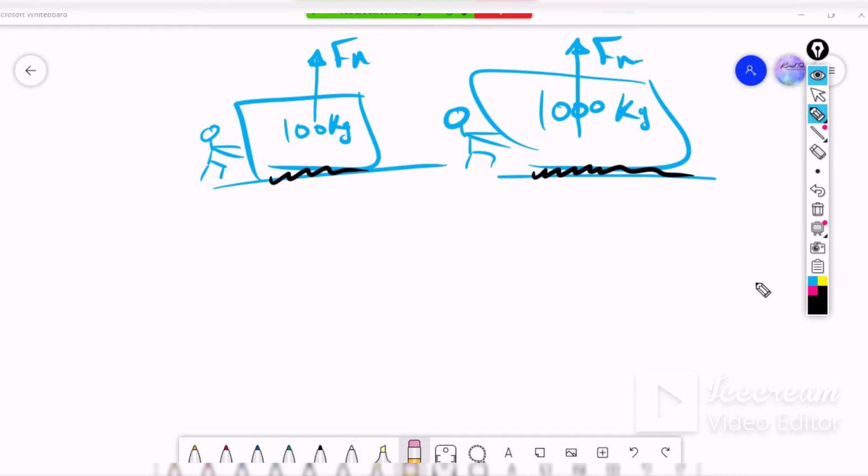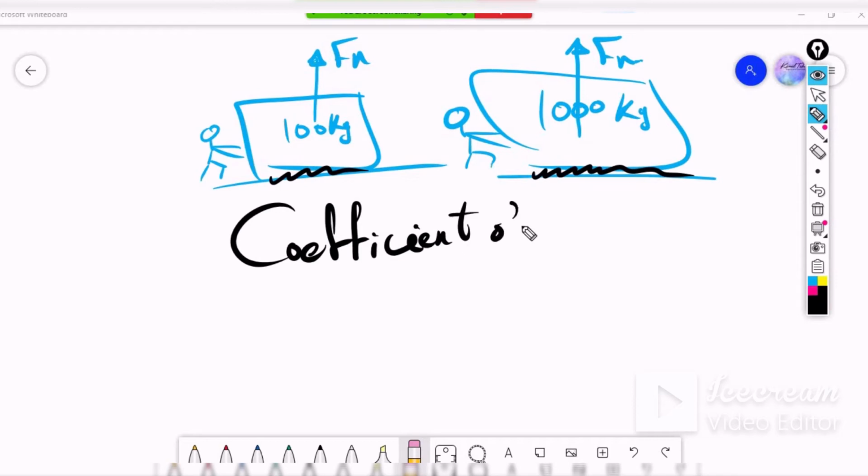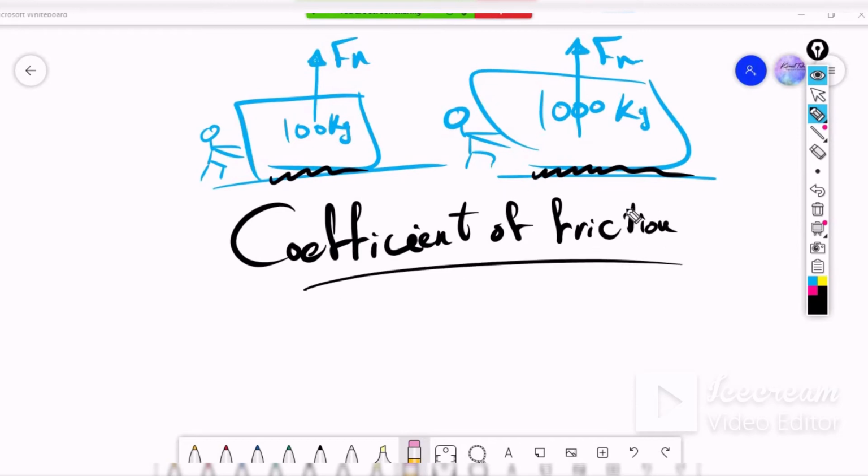Because of that, guys, we have something called the coefficient of friction. Now, what is the coefficient of friction? The coefficient of friction depends on the surface, on the composition and the qualities of the surface.